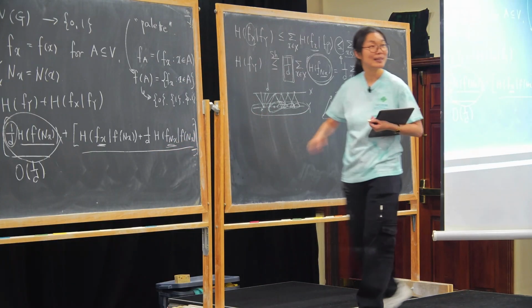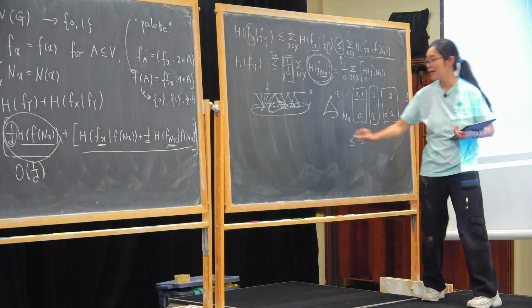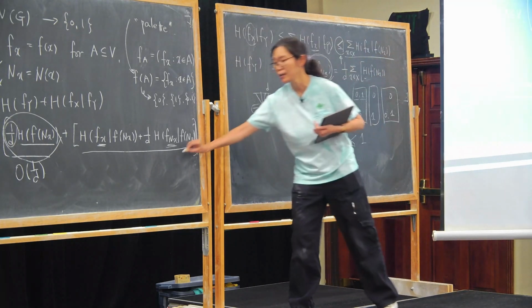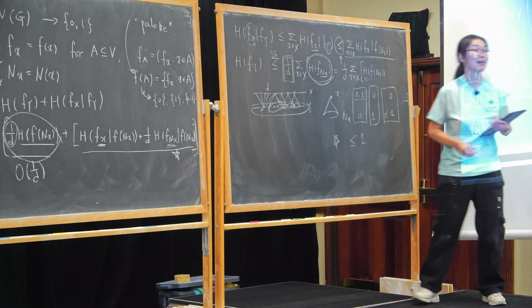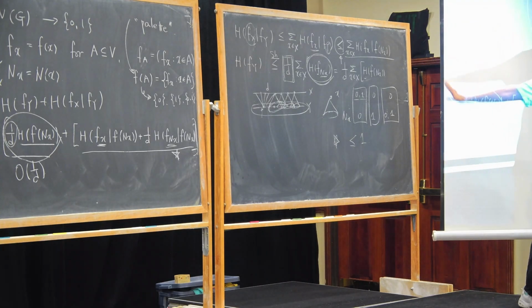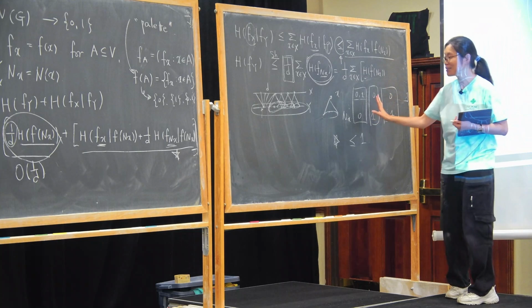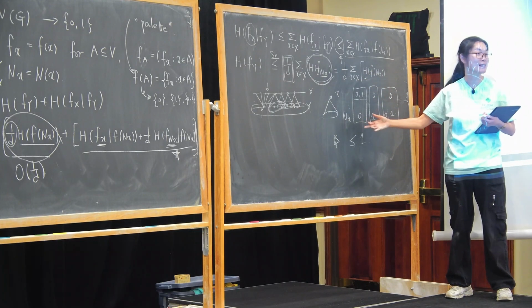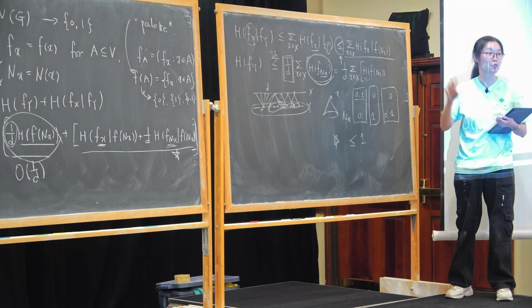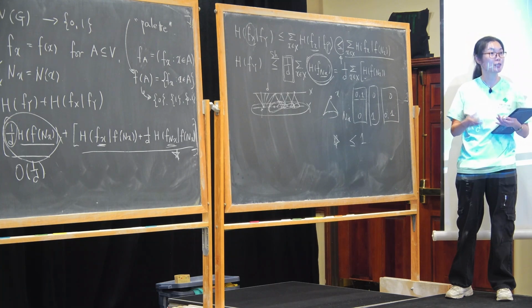So in all of the cases, let me say this is star, and this is star. The star part cannot exceed 1. This is a rough description. We need some rigorous argument, but this is the reason why it's very helpful to consider x and the neighborhood of x altogether, because it gives us a restriction on the color choices for each part.